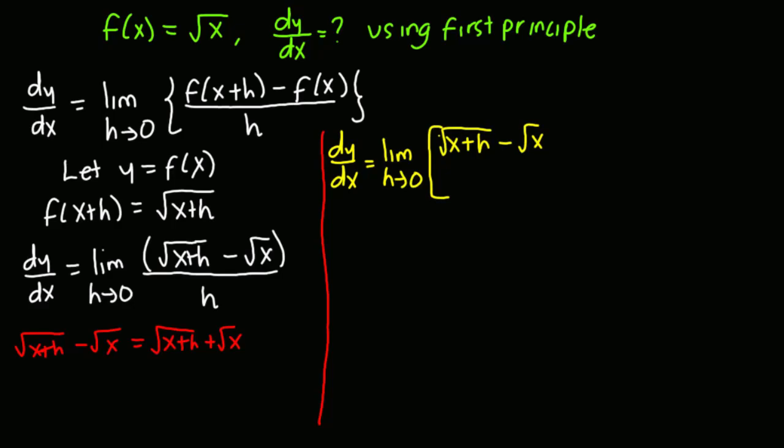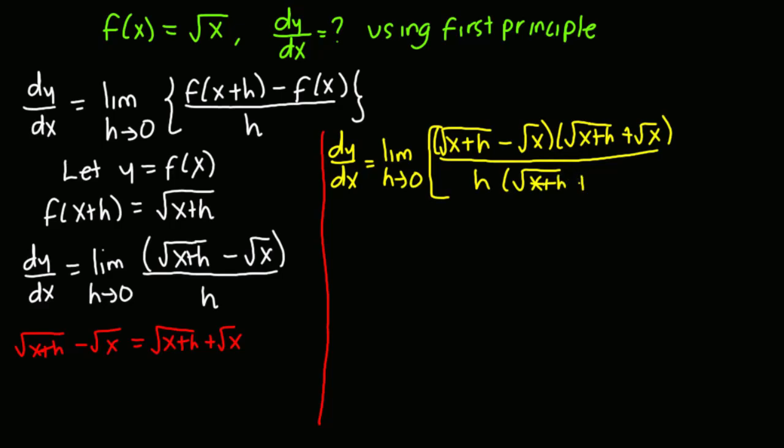I'll multiply this by the conjugate, which is root of x plus h plus root of x, all divided by h. We will also multiply the square root of x plus h plus square root of x.